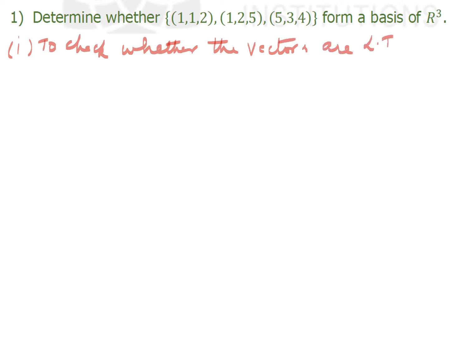So now we'll see a sum where we are going to check whether this set having three vectors (1, 1, 2), another vector (1, 2, 5) and (5, 3, 4) forms a basis. So first we check the first condition, whether the vectors are linearly independent.